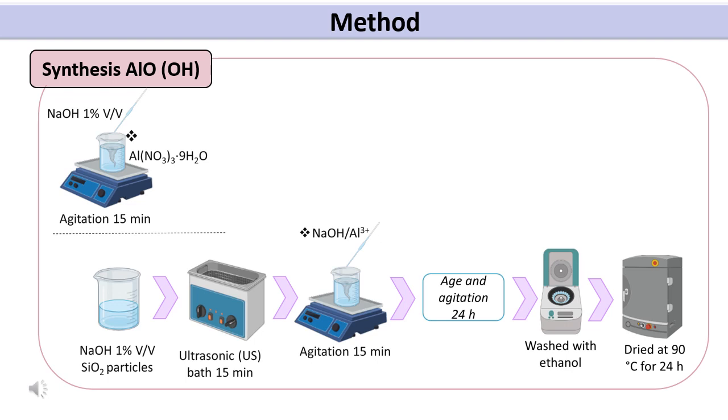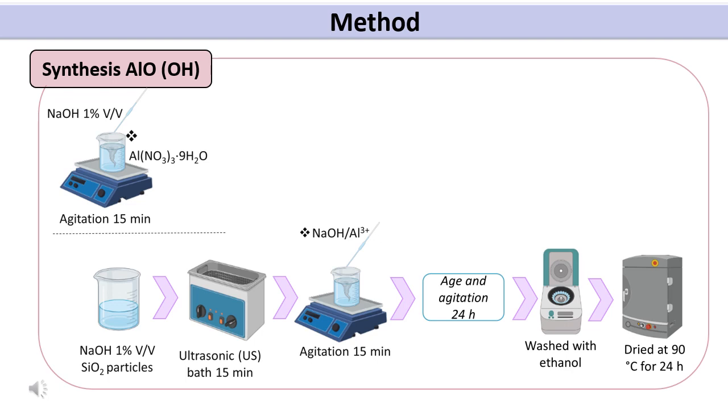For the synthesis of aluminum oxide hydroxide particles, we prepared a solution of aluminum nitrate and a solution of sodium hydroxide at 1% volume. They were mixed under agitation for 15 minutes for enough homogenization. The silicon oxide particles were added under agitation for 15 minutes in an ultrasonic bath.